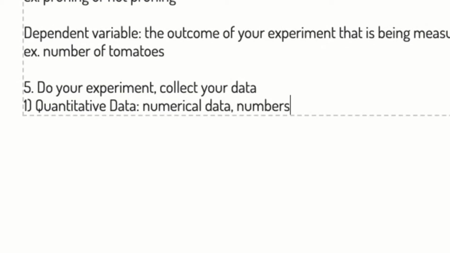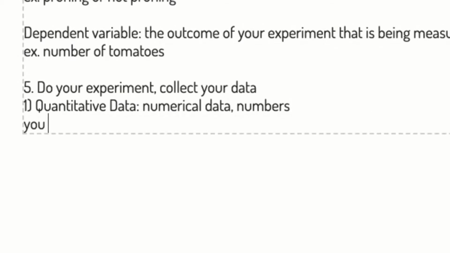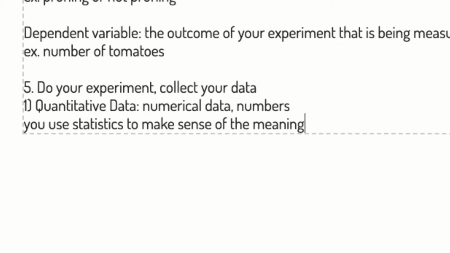I am collecting in this experiment the number of tomatoes, and that is quantitative data. So if you have numerical data, you use statistics to make sense of the meaning. Okay, so you have to use statistics to see if it's meaningful or not.